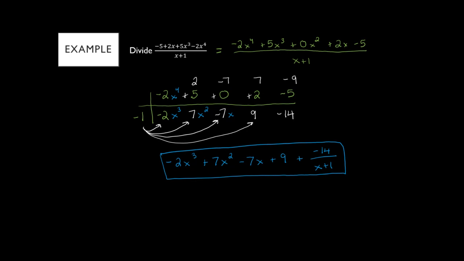Okay, so that was my last example. So this is synthetic division, and you'll be using synthetic division in a lot of the things that you're doing this week. You use synthetic division to factor polynomials. You use synthetic division to find zeros of polynomials. You can even use it to find function values of polynomials. There's a whole bunch of theorems that involve using synthetic division, so it's going to be used a lot.